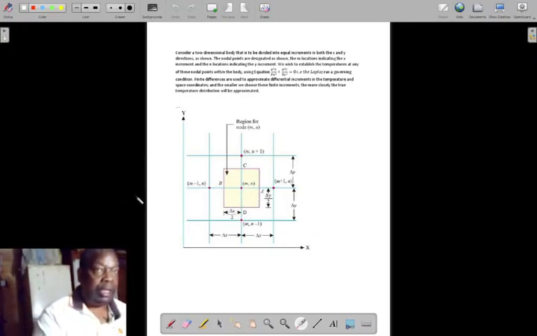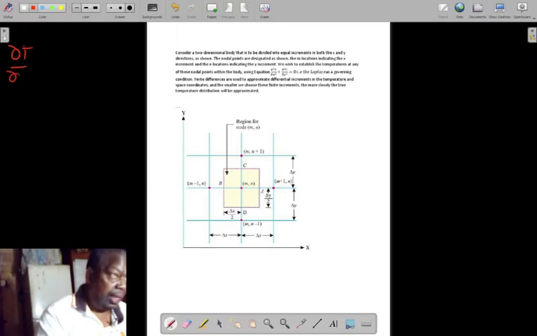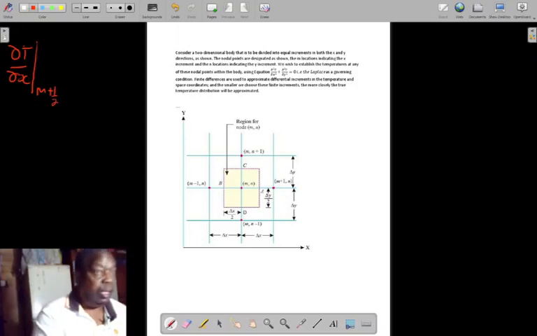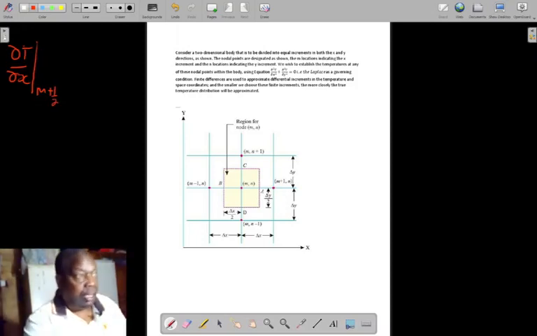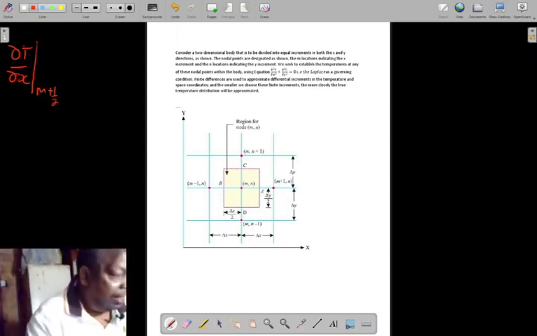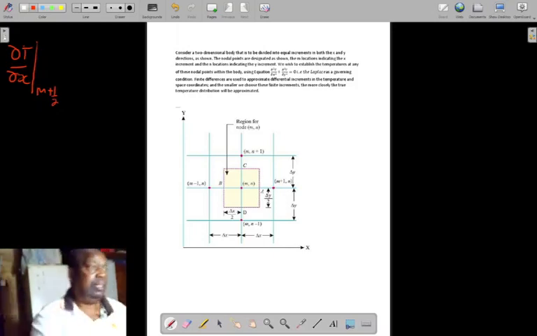So we can now write down the equations for our first order derivatives. So dT/dx at m plus a half, because we've said we are moving a half in one direction and a half in the other direction.